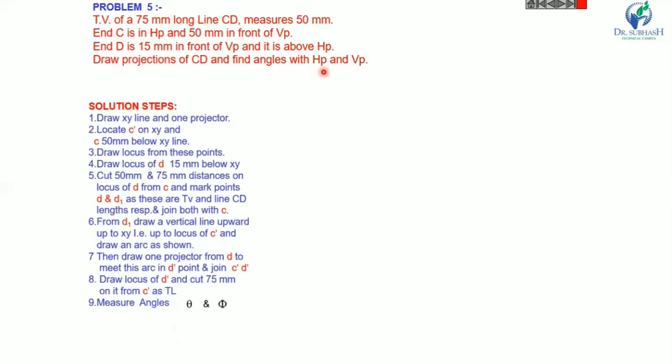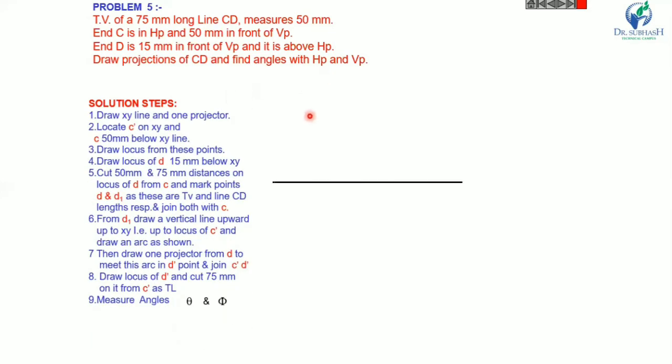Draw projections of CD and find angles with HP and VP. Draw XY line. Now here top view of 75 mm long line CD measures 50 mm. So top view length is 50 mm, true length is 75 mm, and position of point C and D are given.